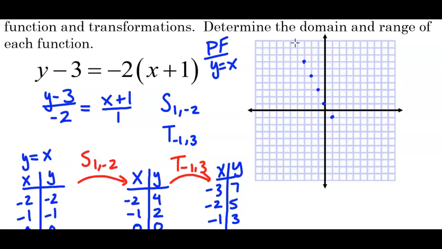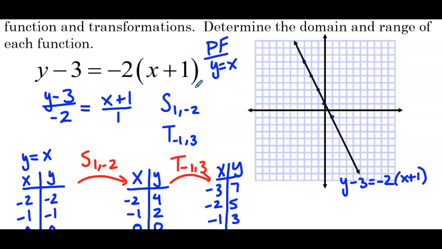So we can connect the points with a line. So there we have our graph of y minus 3 equals negative 2 times x plus 1.